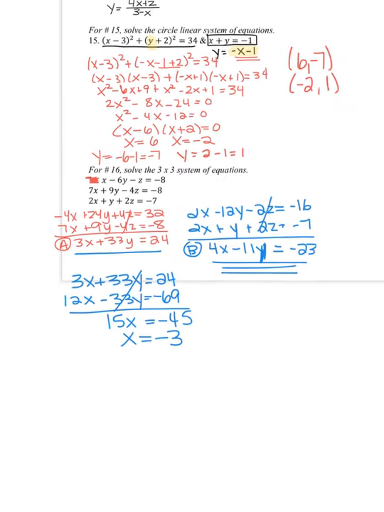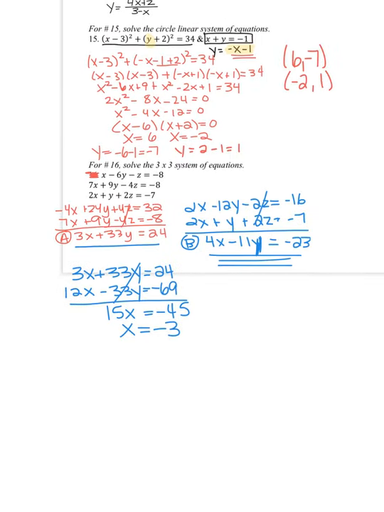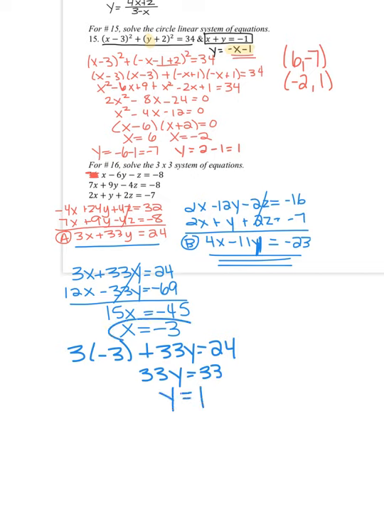So now I work backwards once I have x. So I have 3 times x plus 33y equals 24. So this would be negative 9. So I add the 9 over. I get 33y equals 33, which means y is equal to 1. So I have x, I have y, I plug it into one of the originals.